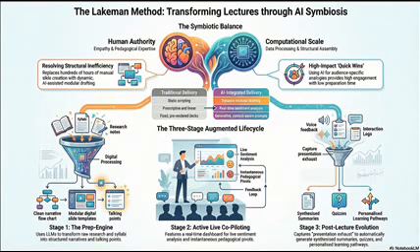So the Lakeman Method resolves this structural inefficiency by explicitly dividing the labor. It balances human authority with computational scale. Exactly. And here is how I'm picturing this division of labor. Think of a high-end restaurant kitchen. The AI in the Lakeman Protocol is basically the sous chef. I like that analogy. It's doing all the heavy structural lifting before the doors even open. It's chopping the onions, boiling the stock, prepping the ingredients.